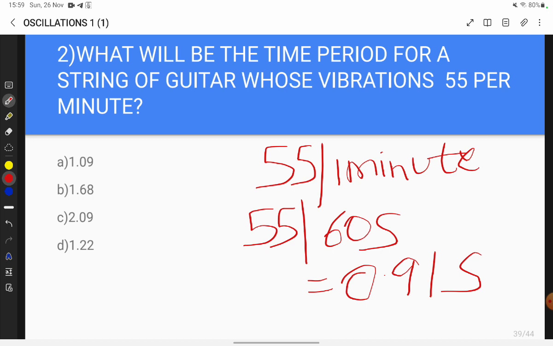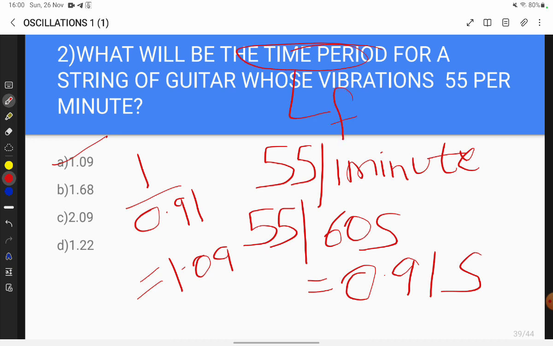So actually they gave options for finding out frequency, I think. If we do 1 by 0.91, we get around 1.09, which is the first option. But they asked the question wrong. It's not time period, it should be frequency. The question is wrong. For frequency, the answer will be 1.09.